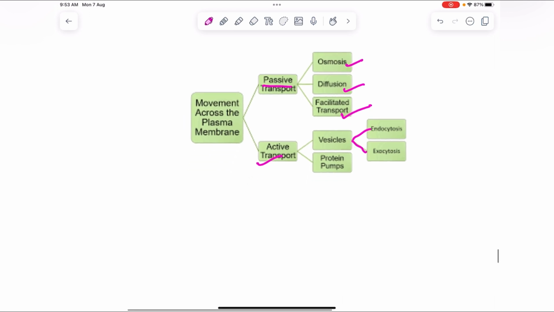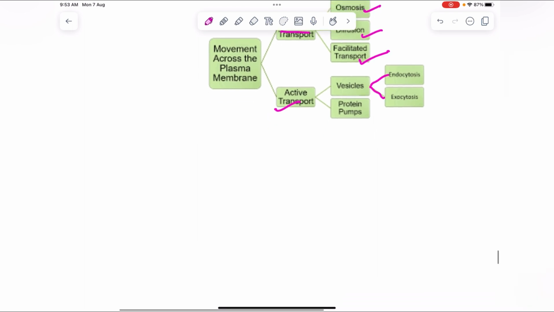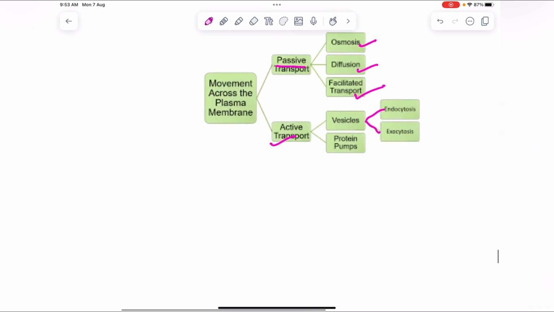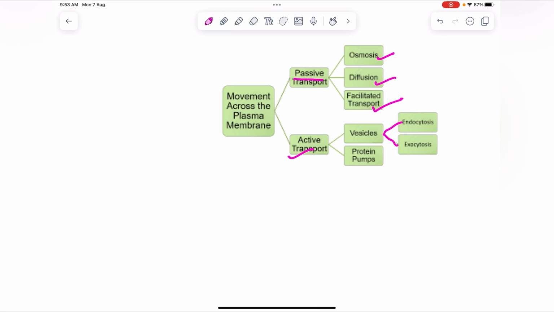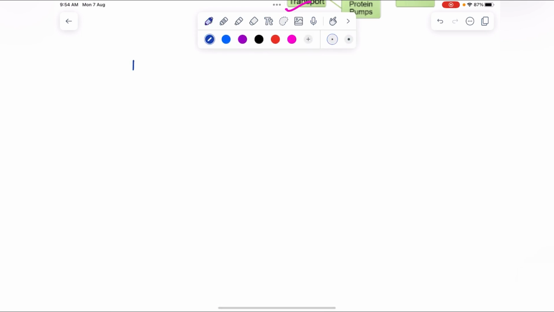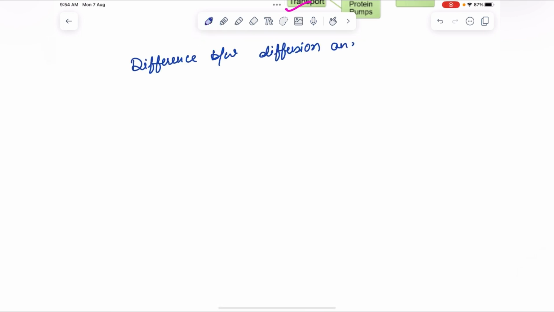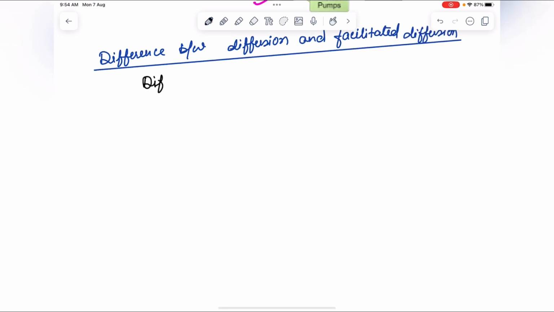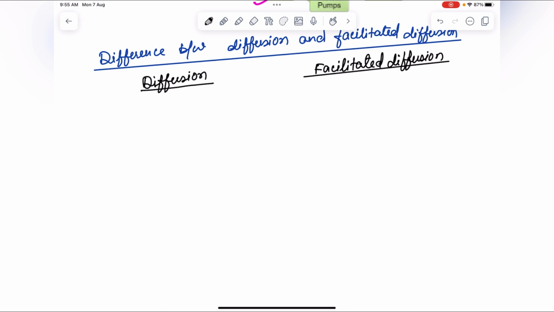We'll see what facilitated transportation is. What is the difference between diffusion and facilitated diffusion? Diffusion is the movement of molecules from an area of higher concentration to lower concentration, and in this energy is not required.